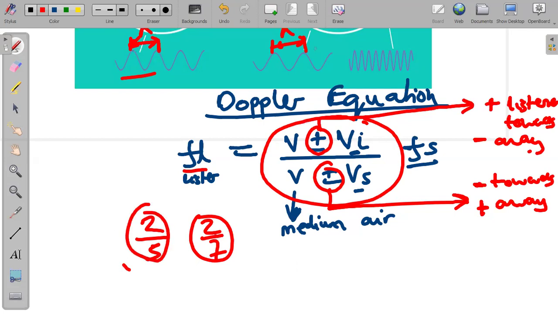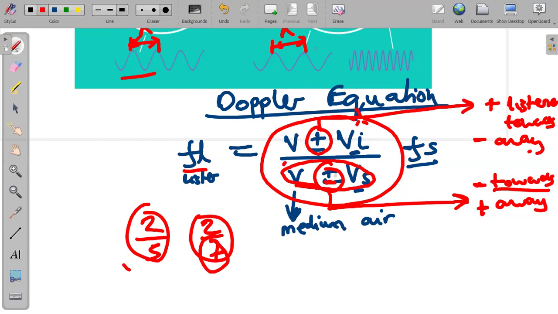Because as long as the denominator becomes a bigger value, the whole fraction becomes a smaller value. So we are trying to keep the denominator as small as possible. How can we do so? By subtracting. So we subtract when the source is moving towards, so that we end up having a bigger value on the fraction.